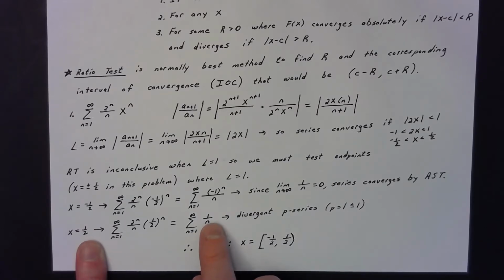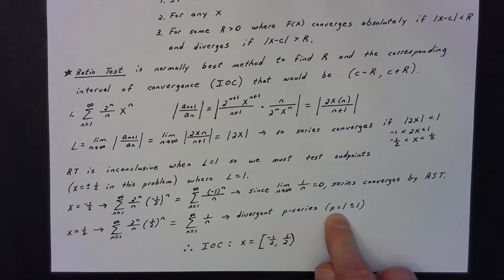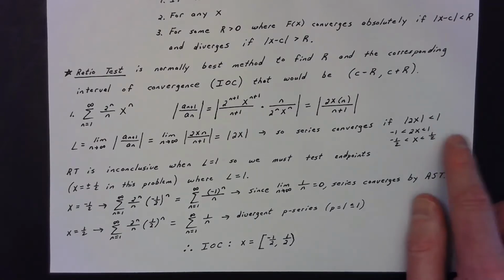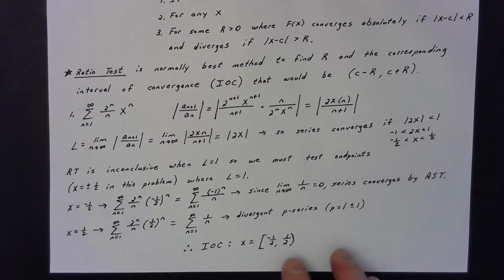And you might even recognize this is the harmonic series. This is the smallest possible divergent series in existence. And yes, this is a divergent p-series because p is equal to 1. And your rule for the p-series is anytime p is less than or equal to 1, the series diverges. So we can say, well, then we cannot include 1/2 in the interval of convergence.